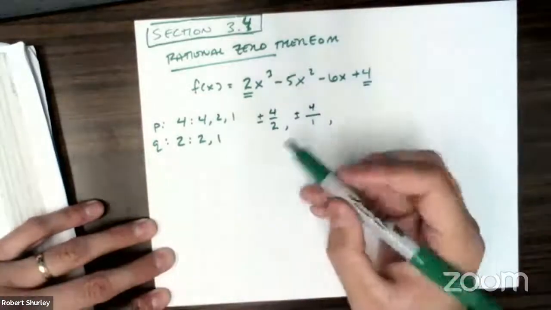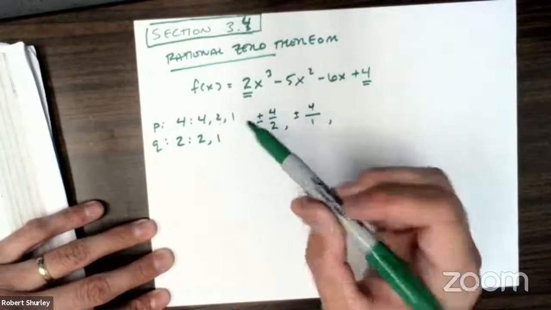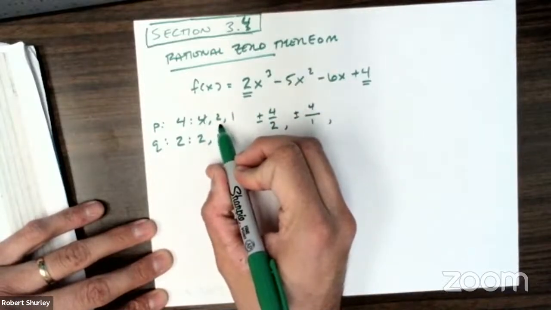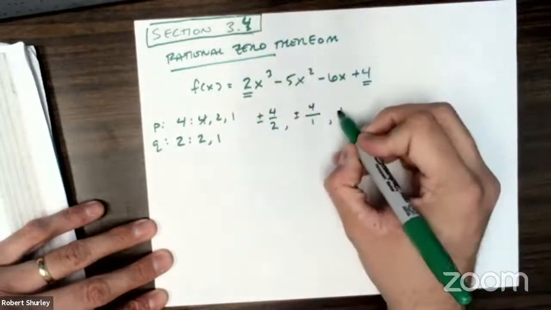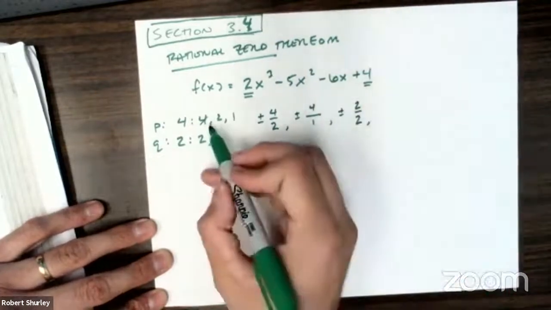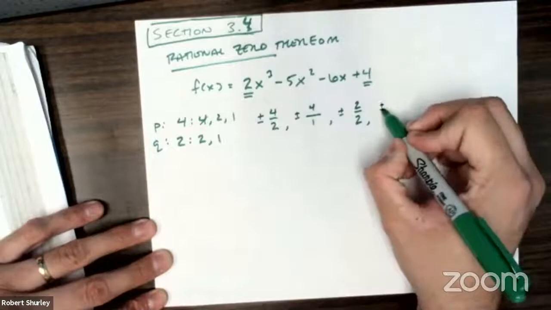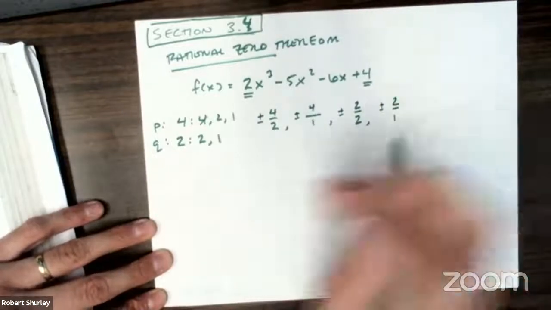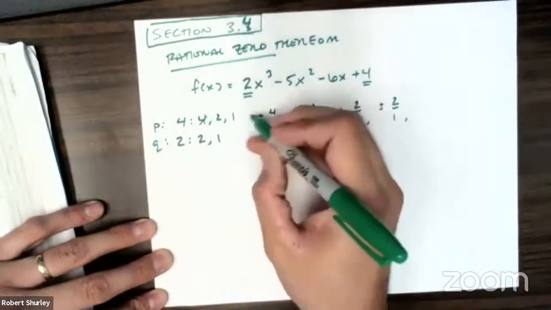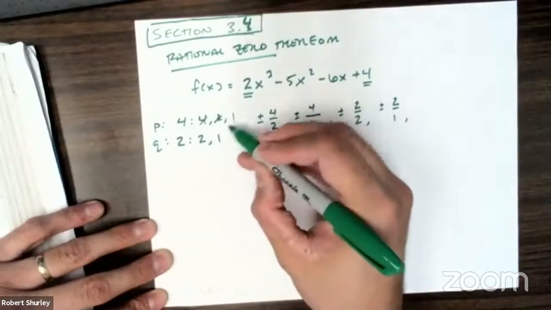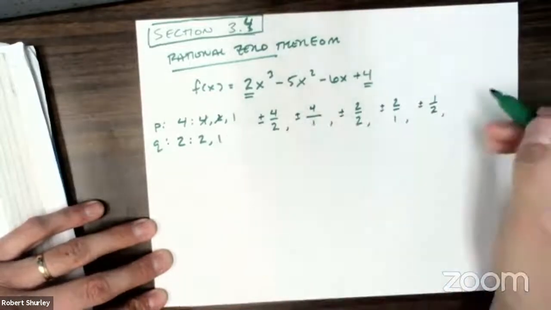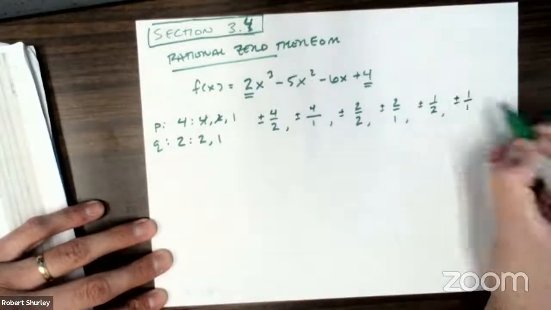Now I go to the next P value, and I do 2 over 2, and then 2 over 1. So I divide it by each of the leading coefficient's factors. Then I go to 1, and I do the same thing, plus or minus 1/2, and then plus or minus 1 over 1.